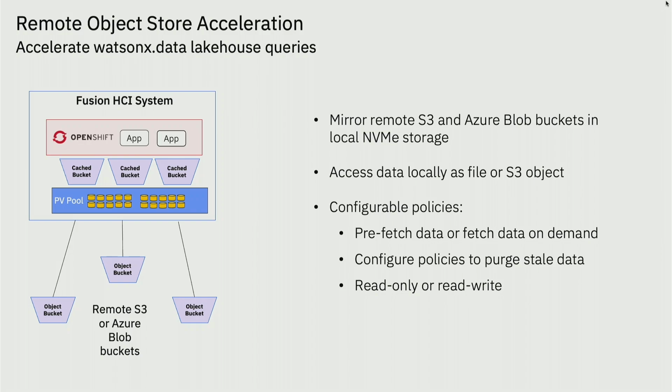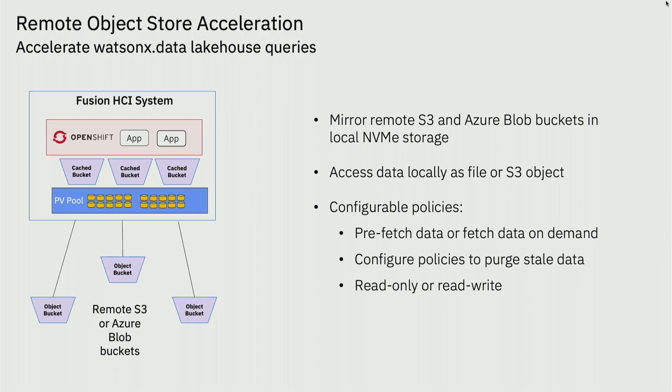What we have measured is 10 to 15 times acceleration. Now, obviously, if you have an object store that is already all on NVMe, the acceleration will only be the proximity with the app that is asking for the data.